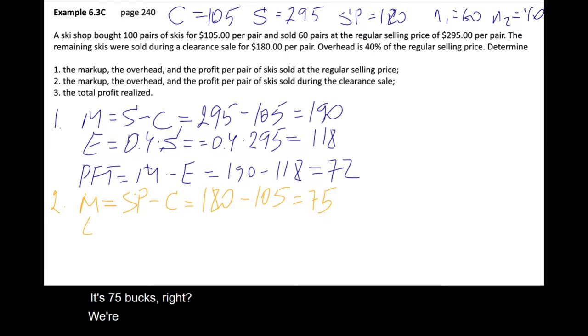Overhead expense stays the same. We transfer it here because it's based on the regular selling price. And profit is 75 minus 118.